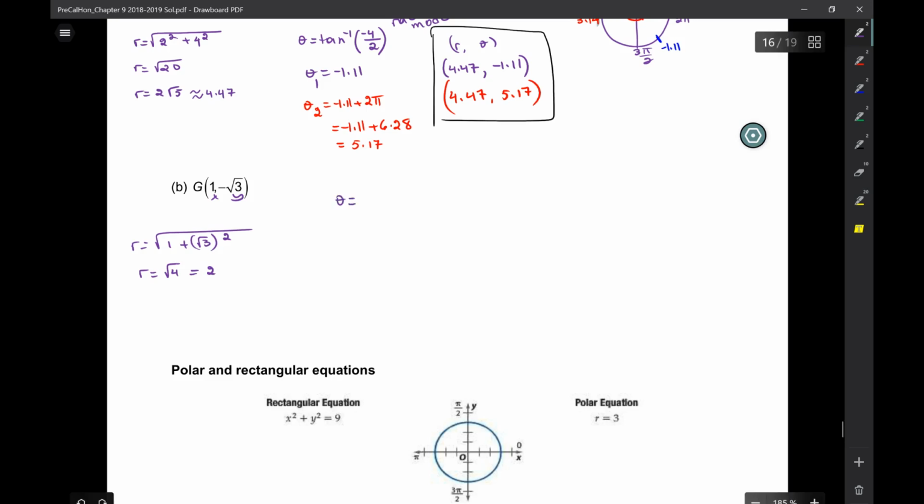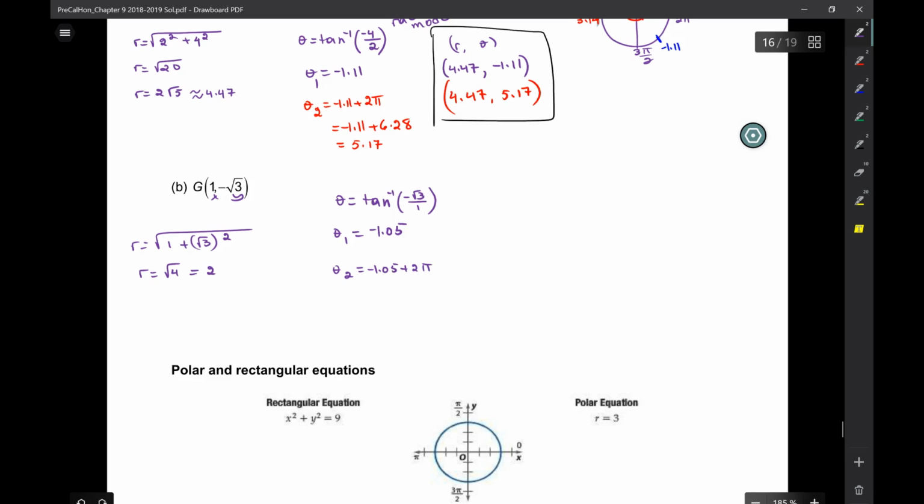So theta now is inverse tangent of negative root 3 over 1. When you put it in your calculator, how much is theta 1 here? Negative 1.05. You switched to radian? Good. Negative 1.05.